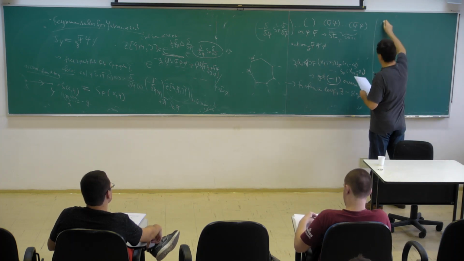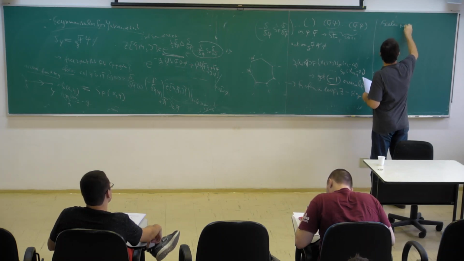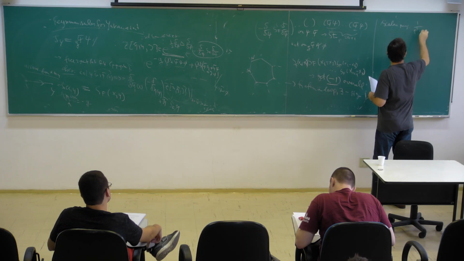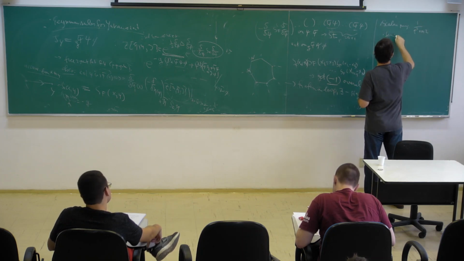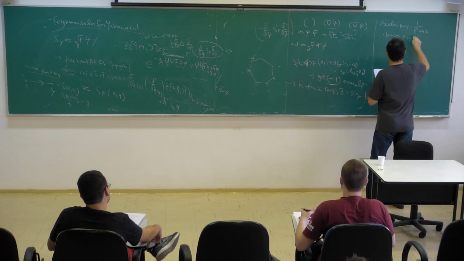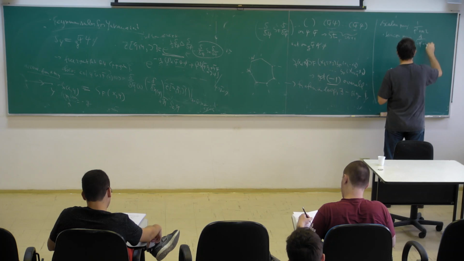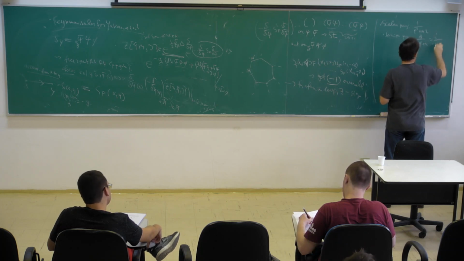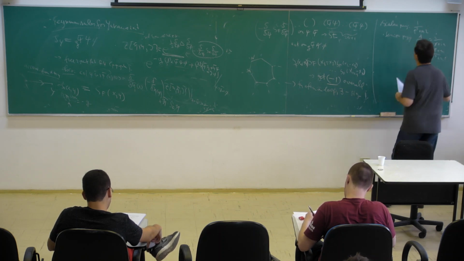So then the rules are, of course, the scalar propagator is as before, 1 over p squared plus m squared. The fermion propagator is this, 1 over i p slash plus m, or in other words, i over minus p slash plus i m, or yet in other words, minus i p slash plus m over p squared plus m squared.